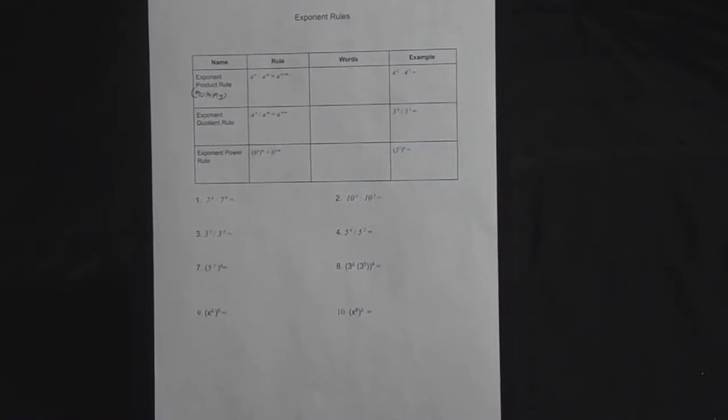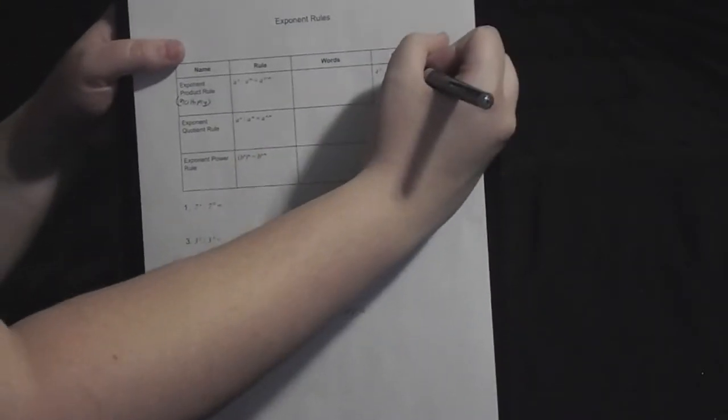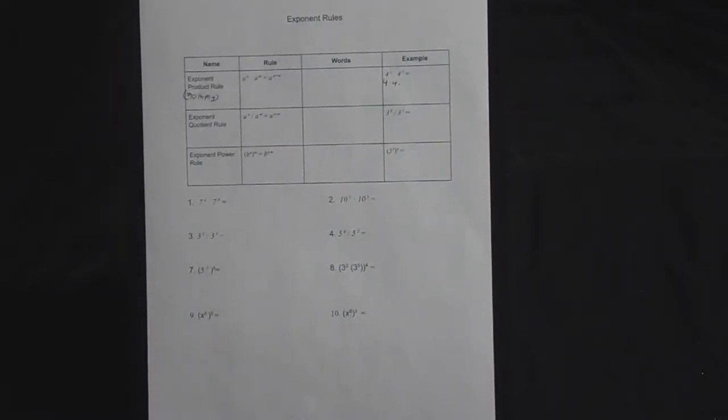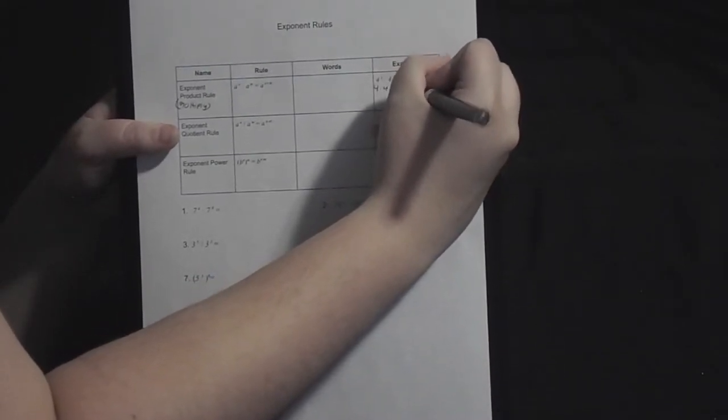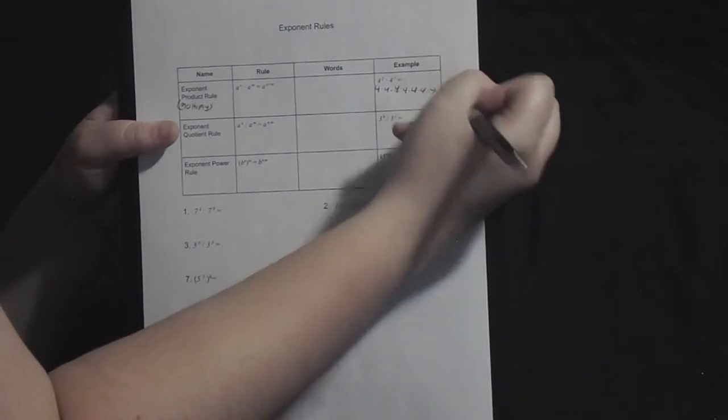So it says 4 to the power of 2. So that means 2 4s being times together, times 4 to the power of 7, which means now I have 7 more. So 1, 2, 3, 4, 5, 6, 7.